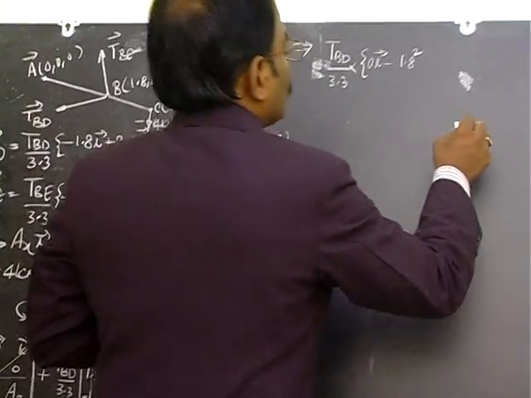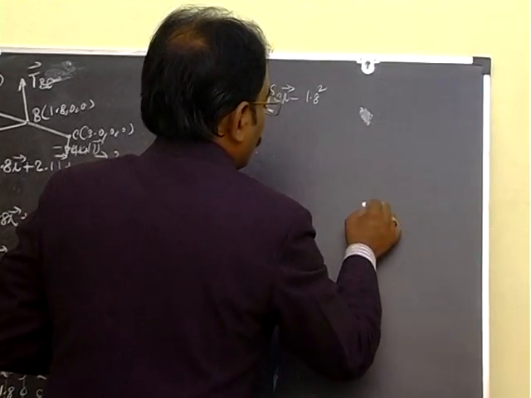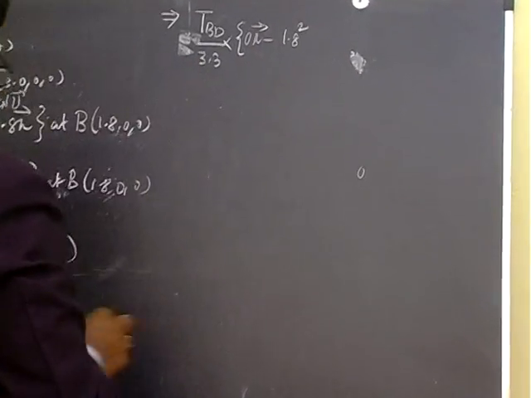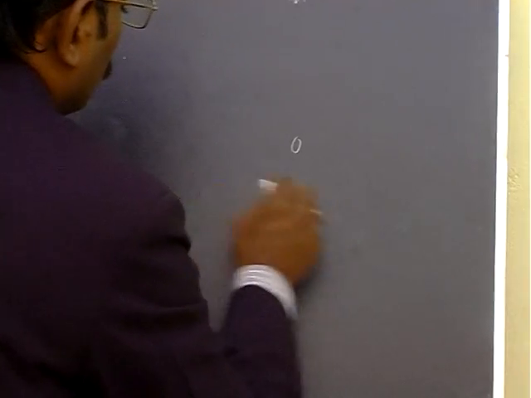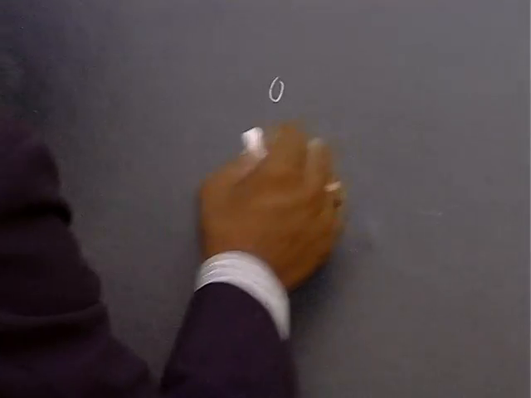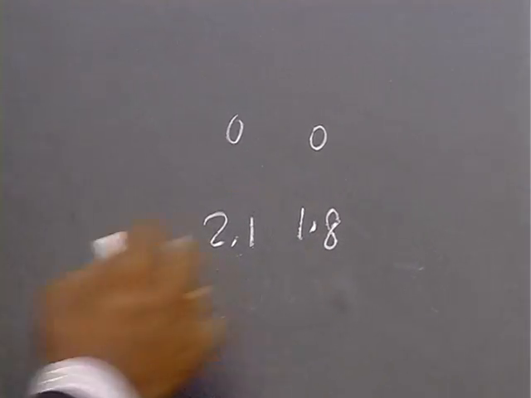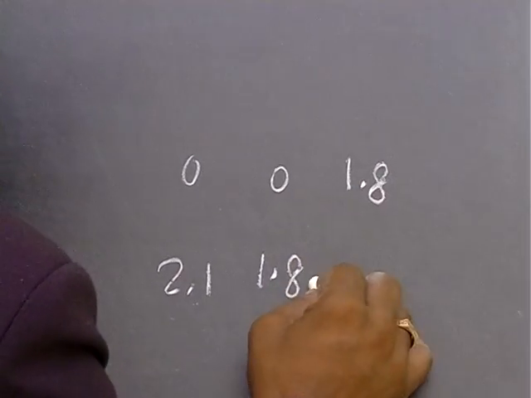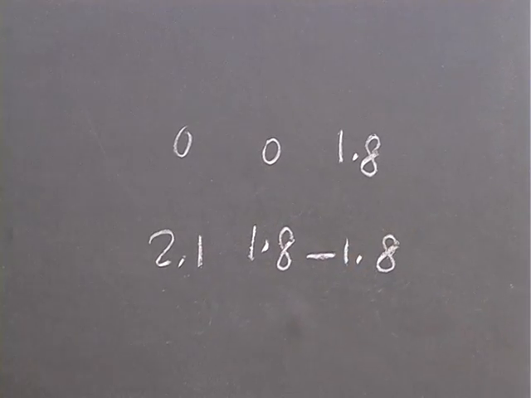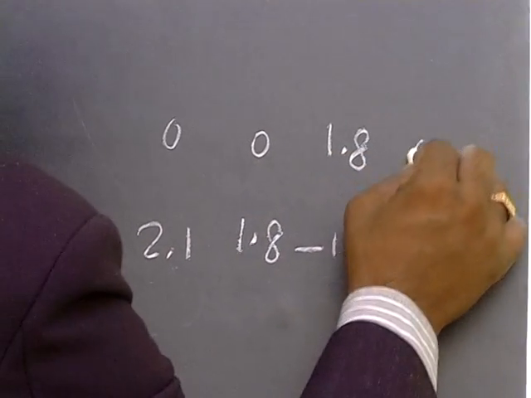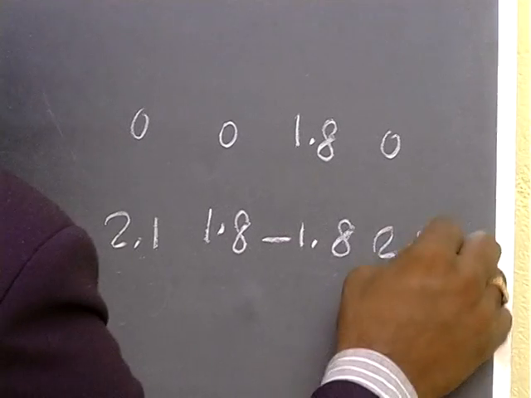Say for example, we start with the j term, that is 0, 2.1, then 0, 1.8, then 1.8 minus 1.8. Once again we write the j term 0, 2.1.